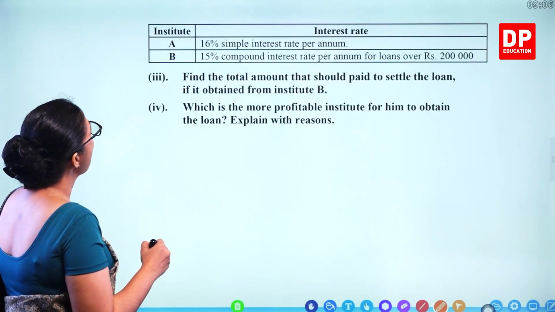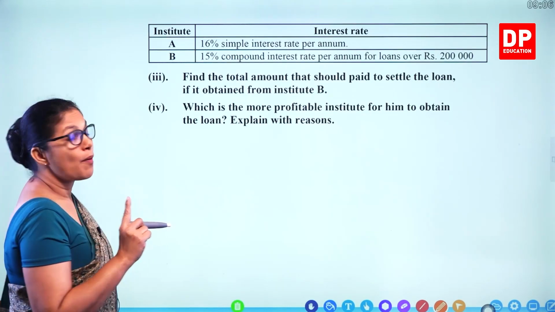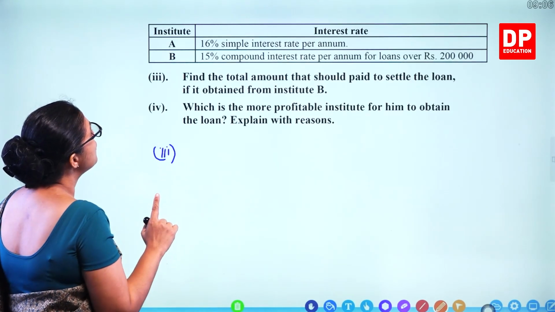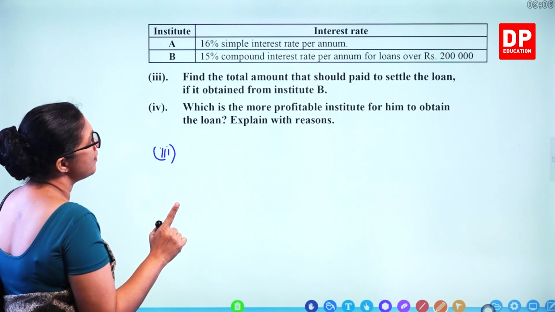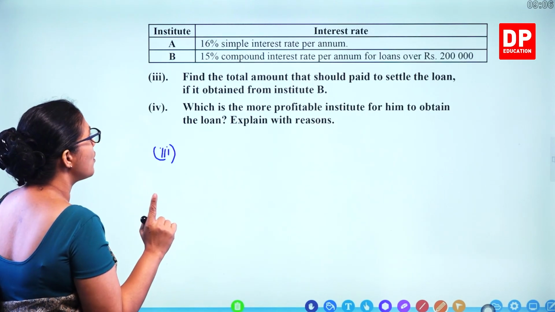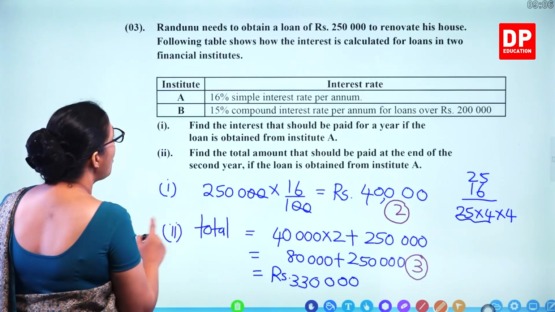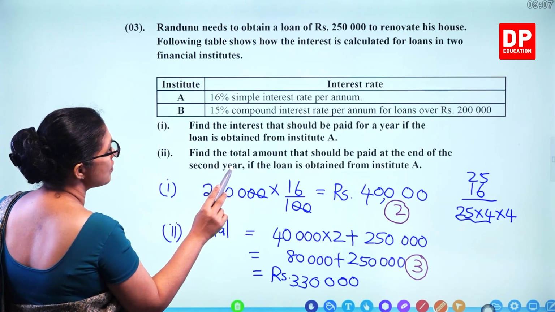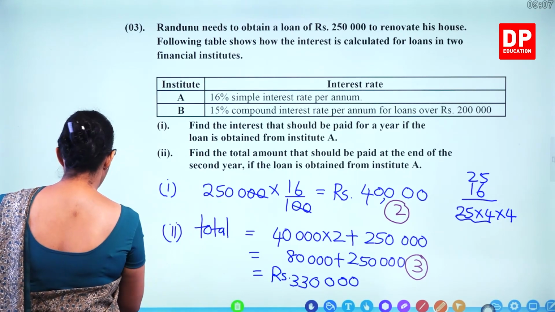Third part, find the total amount that should be paid to settle the loan if it is obtained from Institute B. Institute B is a 15% compound interest rate per annum for loans over 200,000. This is for how many years? It's not given here how many years, just the interest rate per annum is given.